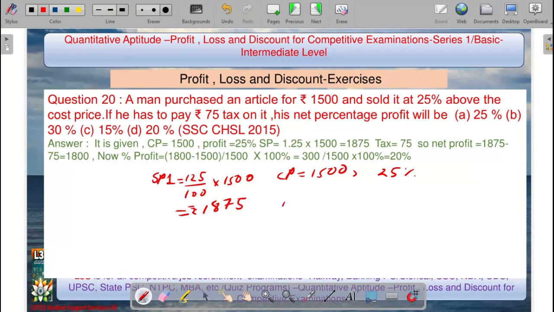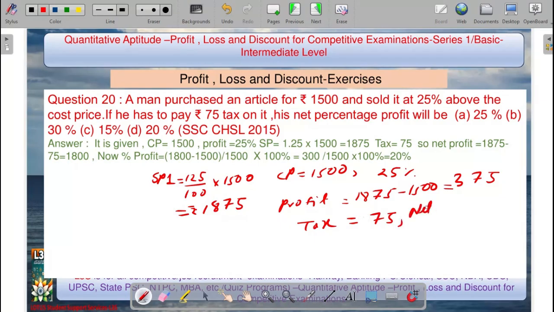So it will give us rupees 1875. Now profit will be 375. But there is a tax. Tax is 75. So net profit is equal to profit minus tax, that is 375 minus 75. So net profit will be rupees 300.